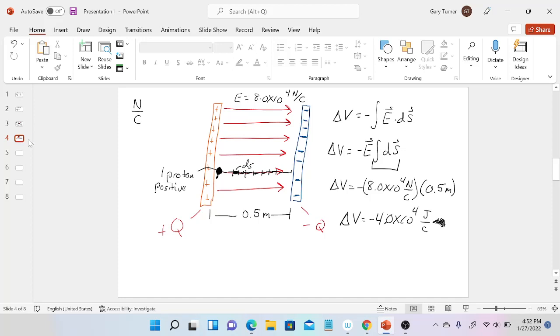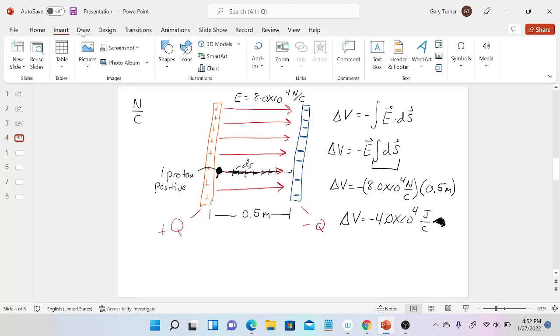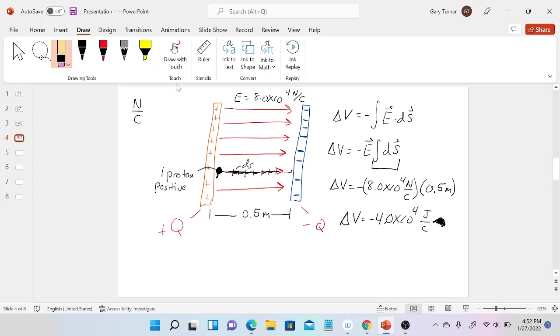The total unit on potential is joules per coulomb, because newtons times meters over coulombs. So our potential you can write as joules per coulomb, and we have a name for this, and that name is volts.